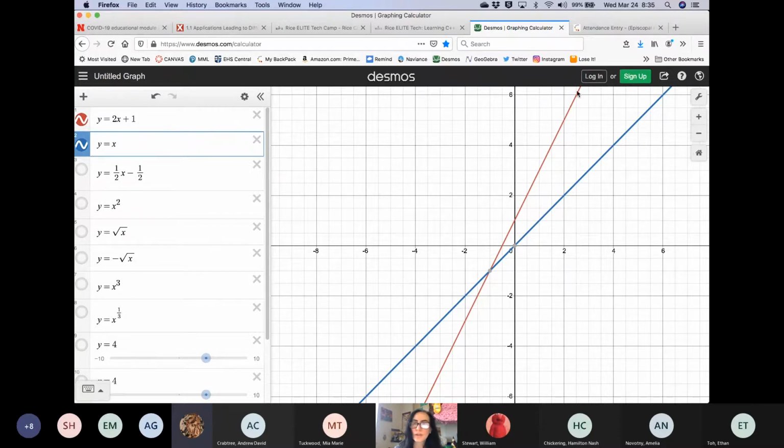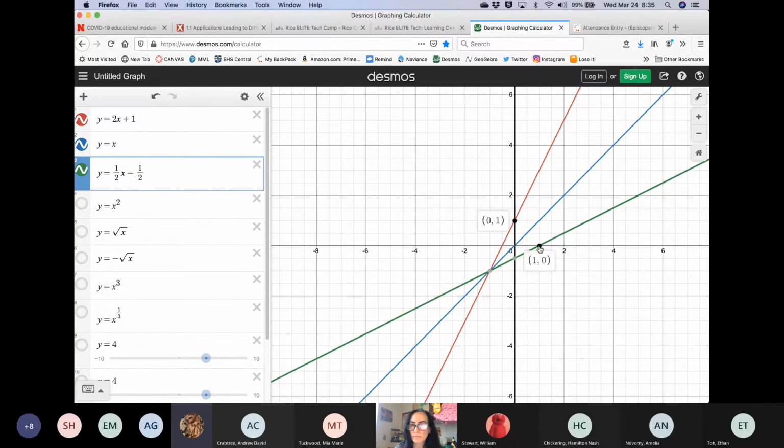Then you were to reflect this original line, y equal 2x plus 1, across y equal x. So you're going to get this line, and hopefully you notice that these points, for example, those points, where they go on the reflected image. Now, once you have 2 points on the reflected image, you can write the equation of that line.